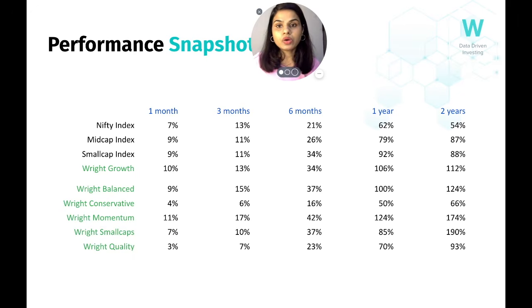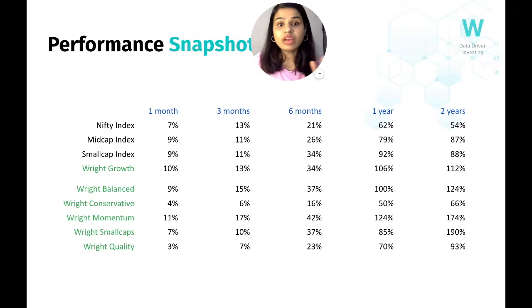So, having talked about the different portfolios that we have, let's look at the performance snapshot of each of these portfolios over the last 2 years since Right Research has been in existence. If you look at the performance of our portfolios, you will see that we have outperformed the particular benchmark that each of our portfolios were following in all the time horizons.